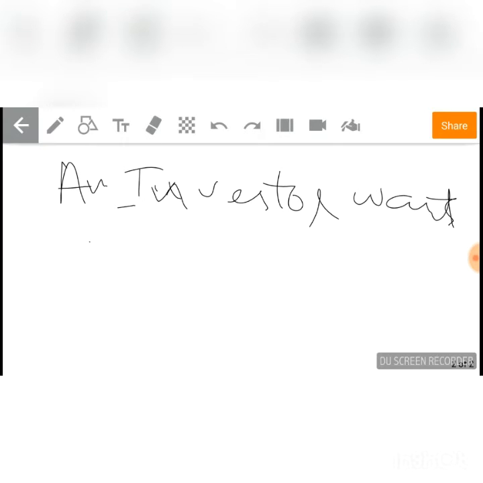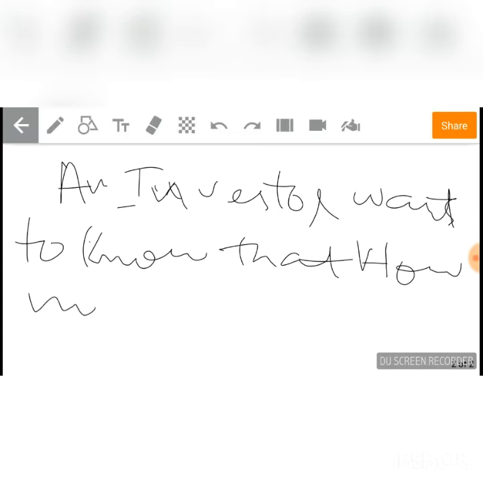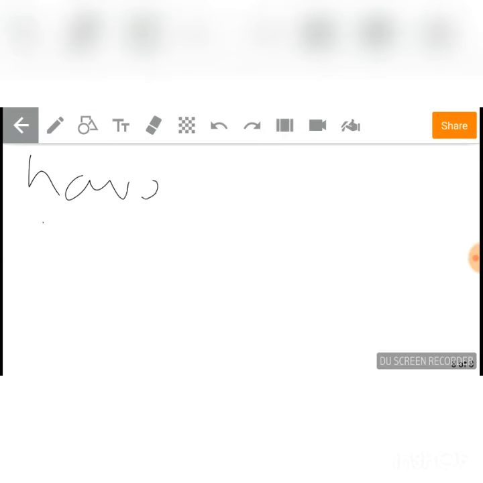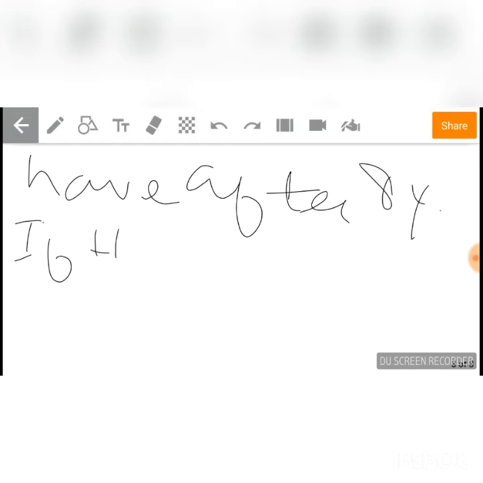An investor wants to know how much he will have after 8 years if he is depositing $2,000 at 12% simple interest.